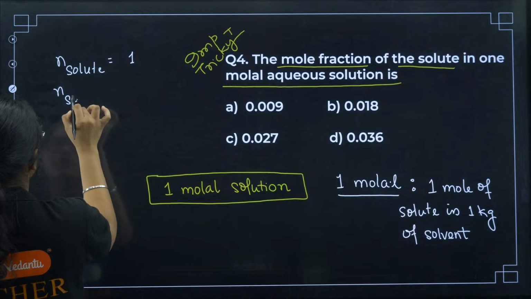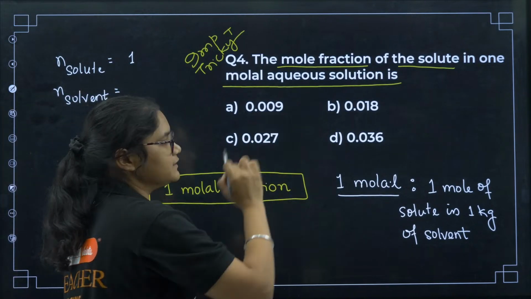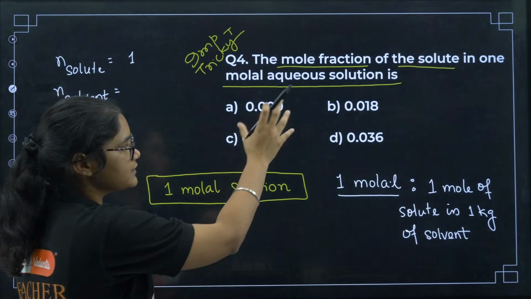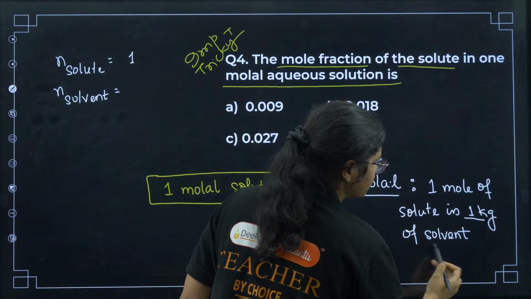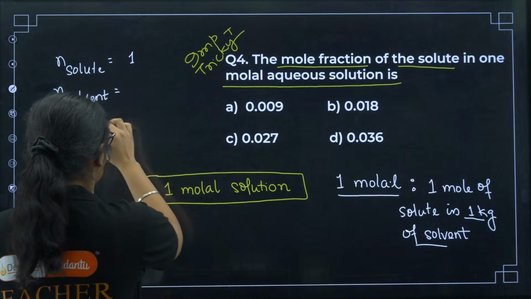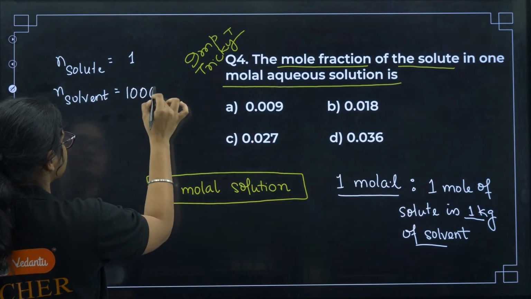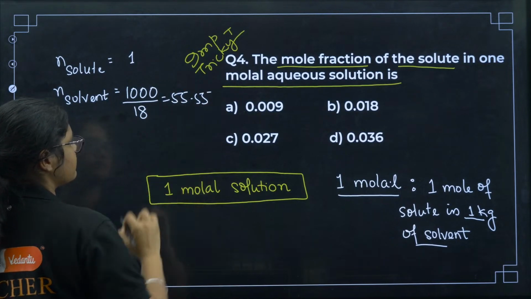It is an aqueous solution, which means the solvent is water. What is the mass of the solvent? Because it is 1 molar, it is 1 kg of solvent, right? To calculate the number of moles of solvent, it is given mass by molar mass, so it is 1000 by 18, which gives you 55.55.